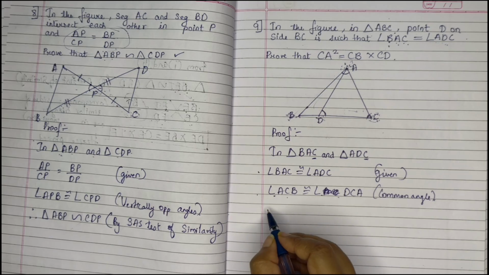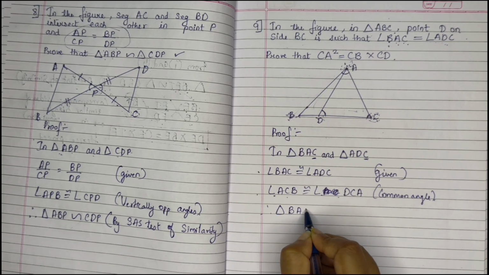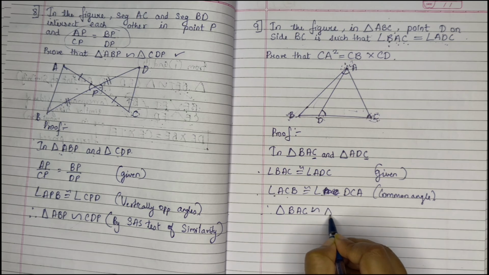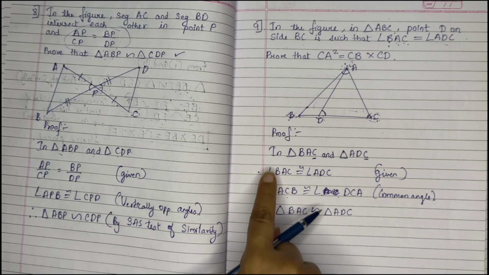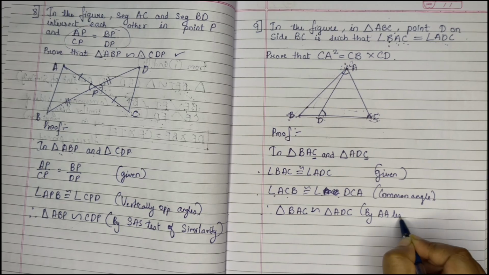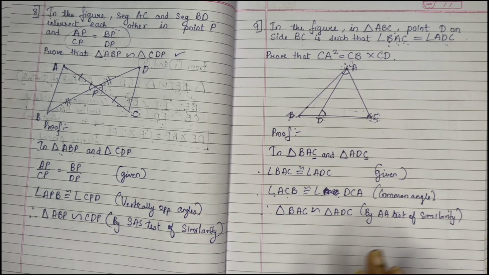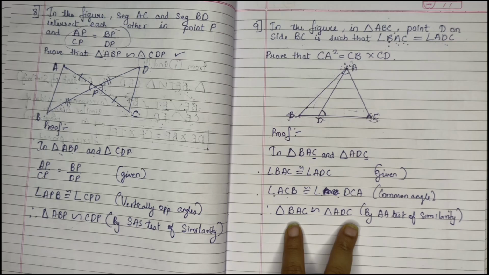So therefore, we take these two triangles. Therefore triangle BAC is similar to triangle ADC by AA test of similarity. Now after we prove that the two triangles are similar, the next step is we write the corresponding sides.